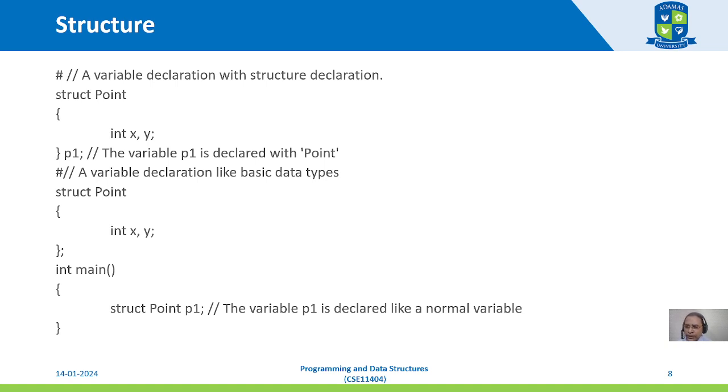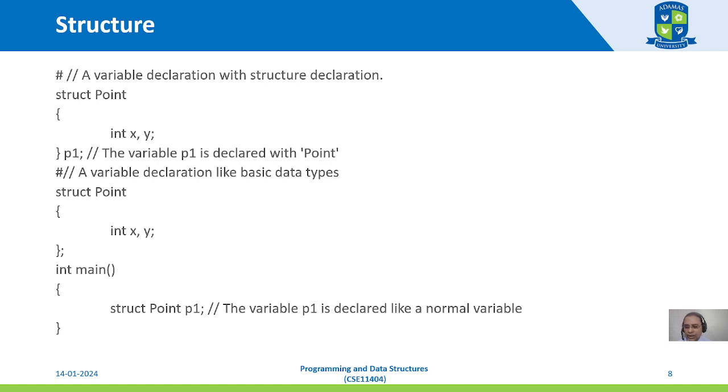The struct point, struct actually indicates that it is a structure, then point, then within the structure we have mentioned int x comma y, that is structure member elements. Then within main function we are mentioning struct point P1.